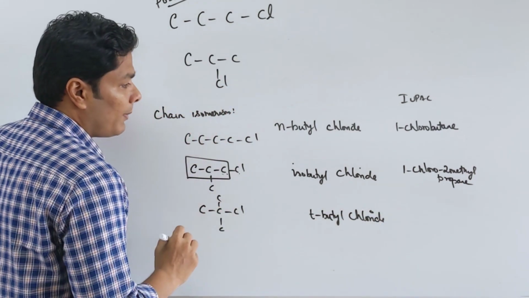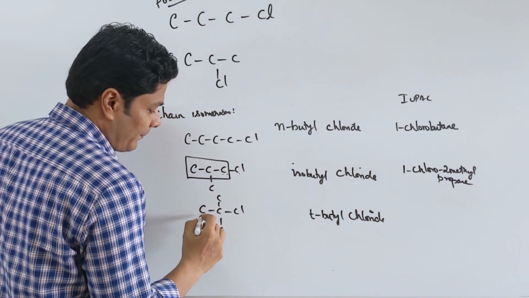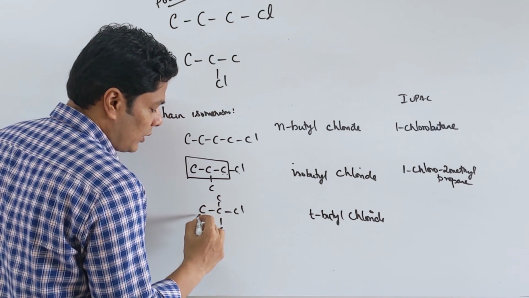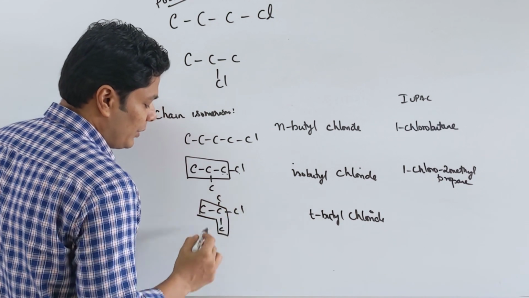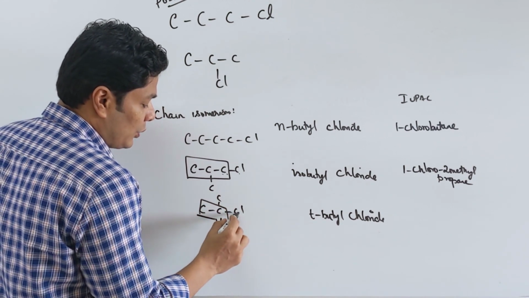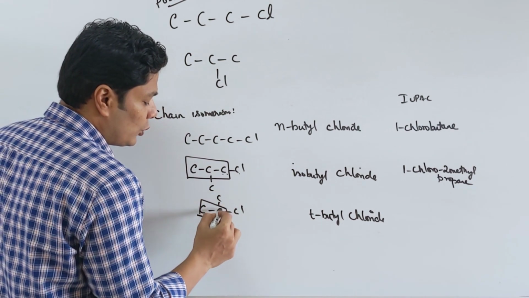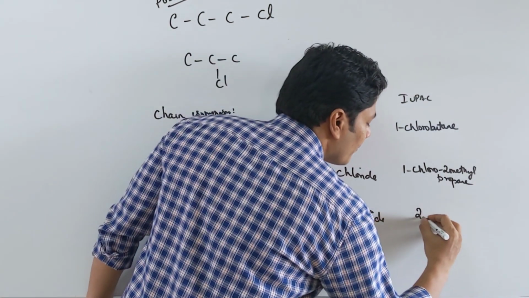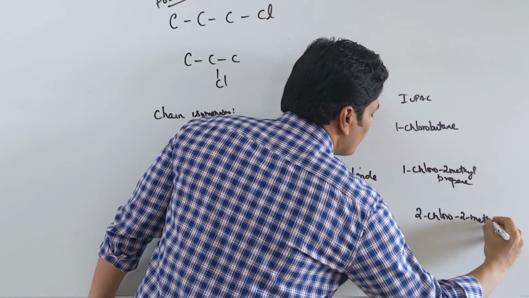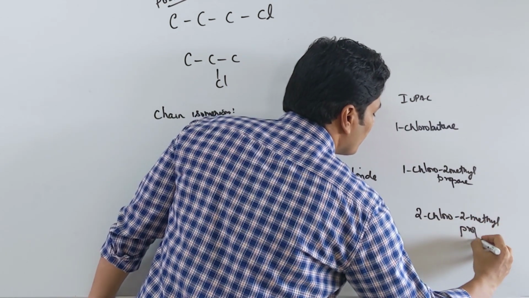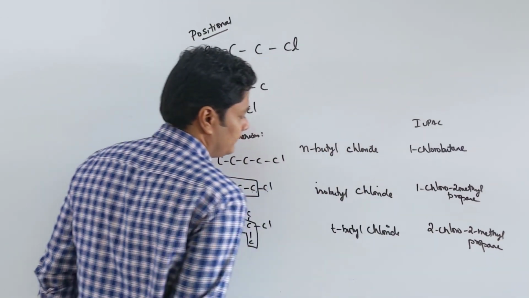When I go to my longest chain, I want my carbon atoms to be long. So this is 3, whereas this is just 2. So this is easier. It is 2-chloro-2-methylpropane.